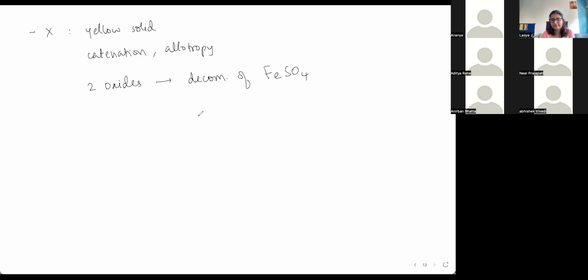Okay. All right. What else is given about this? And are major air pollutants. Okay. These oxides are air pollutants. So just look at it. These are the hints given. Think about it.